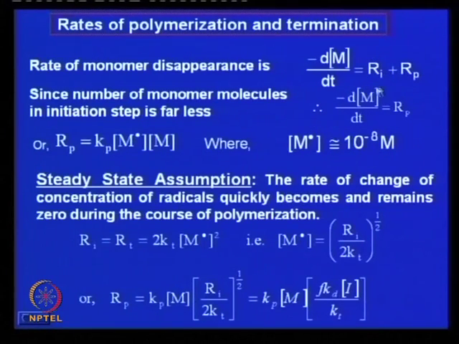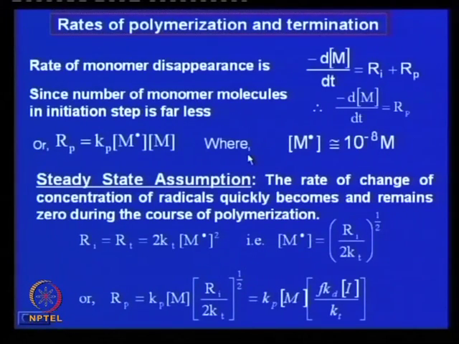So, overall rate of polymerization R P can be expressed as overall disappearance of the monomer, minus dM by dt. It can also be expressed as R P is equal to the rate constant for propagation K P, times the growing chain radical concentration, times the monomer concentration. The concentration of this growing chain is very less.